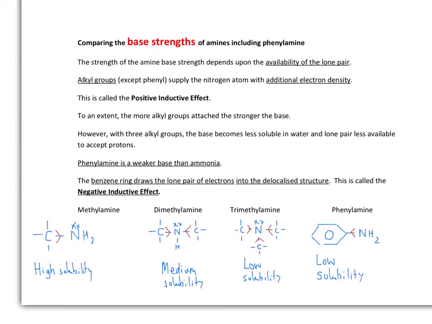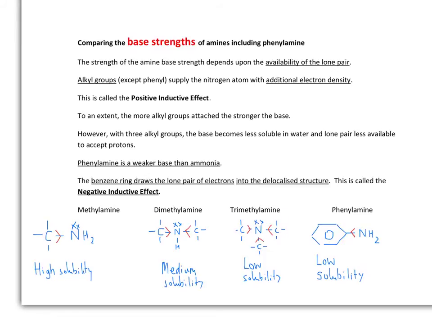Now the other factor to consider is solubility. Dimethylamine, because it has these 2 carbon groups, is not going to be as soluble as methylamine. As you know, there's more van der Waals forces with dimethylamine, and hence I've written medium solubility.